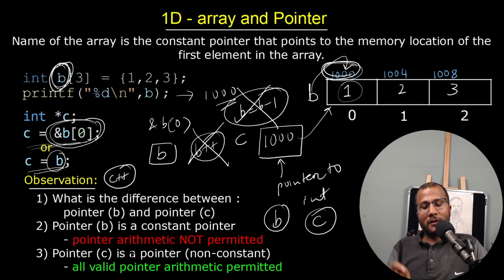We are not talking about that programming language C++, but the variable C here is a pointer variable. If I do C++ now, it is a valid operation because C is a normal pointer. It's a non-constant pointer. So pointer C is a non-constant pointer. All valid pointer arithmetic is permitted. So you can perform all the pointer arithmetic.